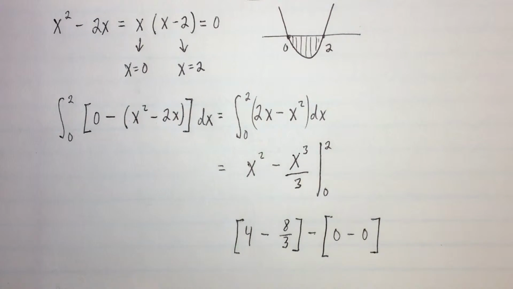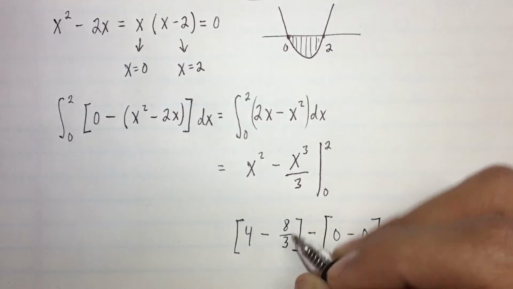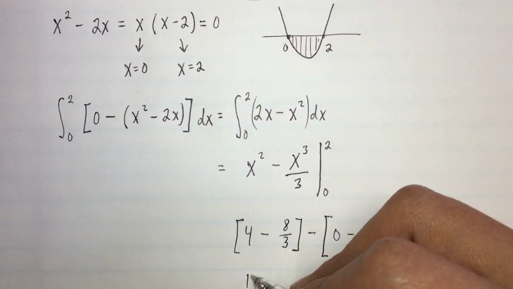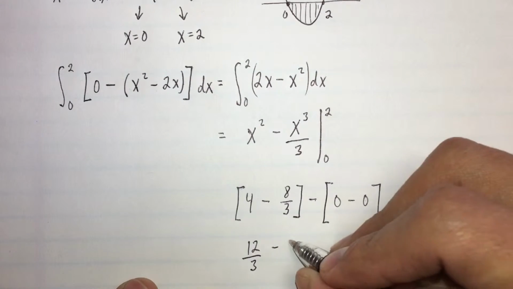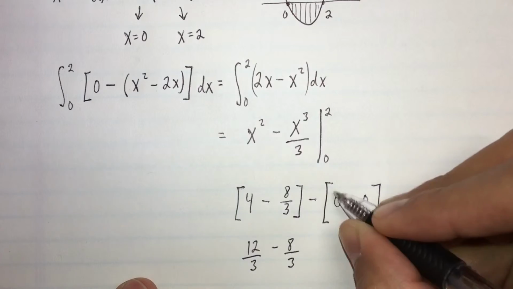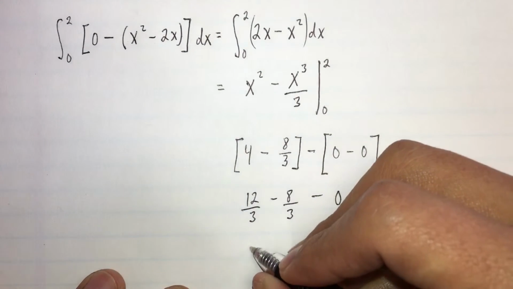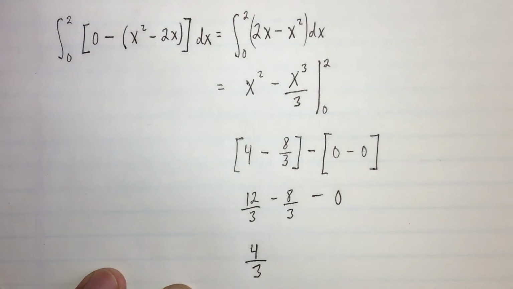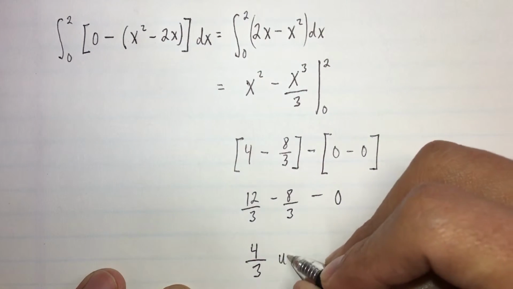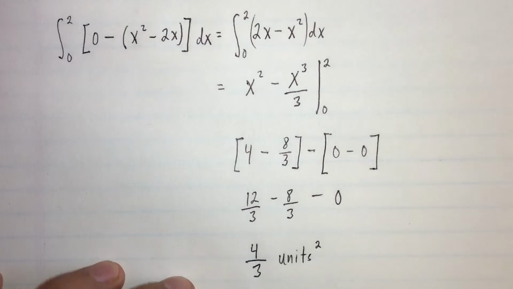So 4 minus 8 thirds. 4 is also known as 12 thirds minus 8 thirds, and this is all minus 0. So my final answer should be 4 thirds. This is area, so to write the answer completely, we have units squared.